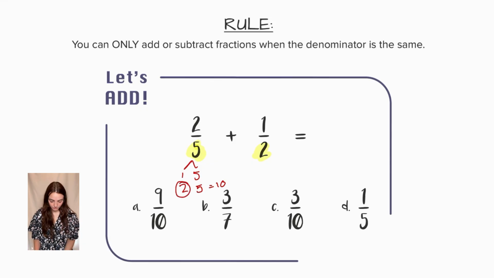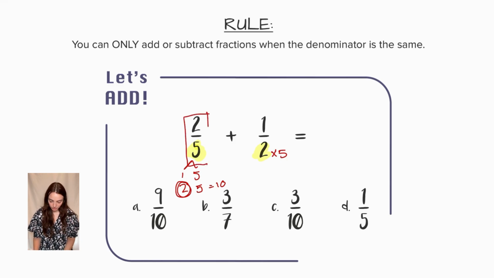Well, if 2 times 5 gives us 10, that means 2 times 5 on the other side will give us 10. So we can increase our fractions, make them bigger, give us bigger numbers so that they match. That way we can move forward and keep solving these problems the same way that we always have. So let's do that.